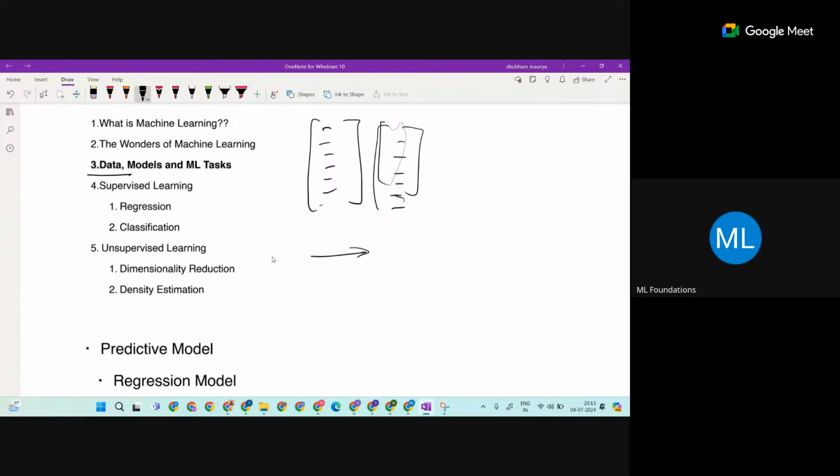So how do we build that model? Models are mathematical operations, mathematical expressions. There are two types of learning, supervised learning and unsupervised learning. I hope all of you already know what supervised and unsupervised learning are.